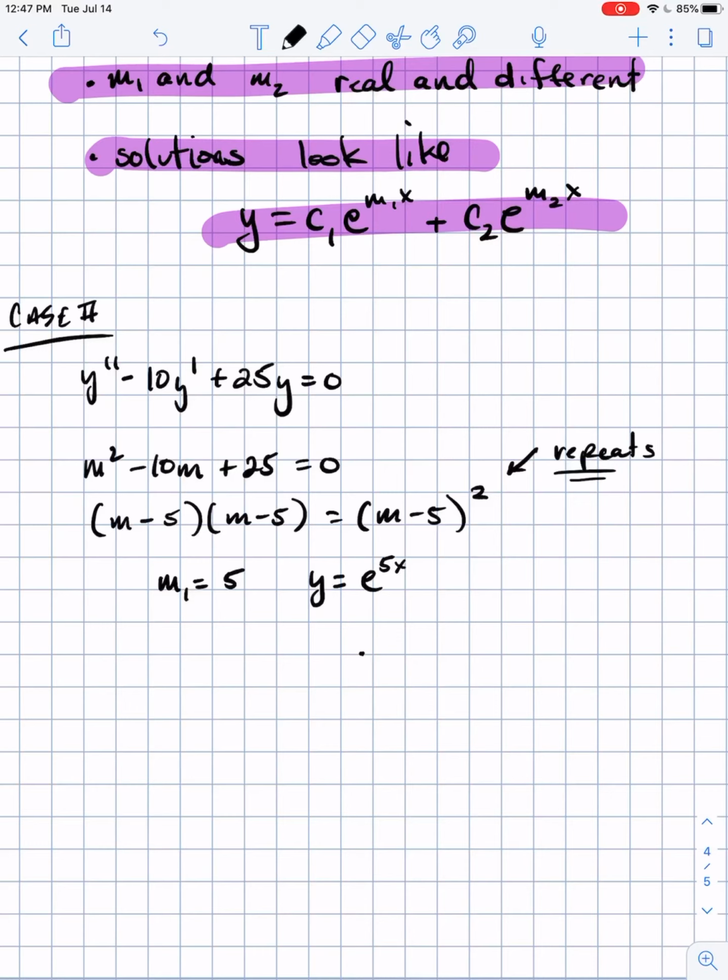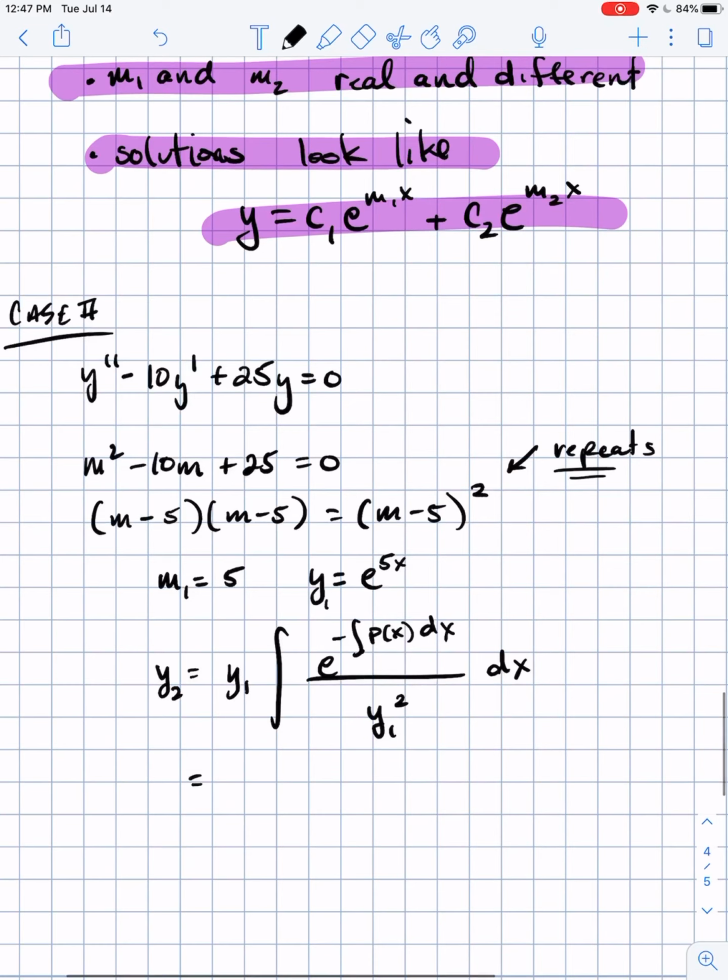All right, so we know one of the solutions is going to be e to the 5x, right? So if we go back to 4.2 and let's use that, well, how would you find y2? If you remember that notation, it's going to be y1 times the integral of e raised to the negative integral of p of x dx all over y1 squared dx.